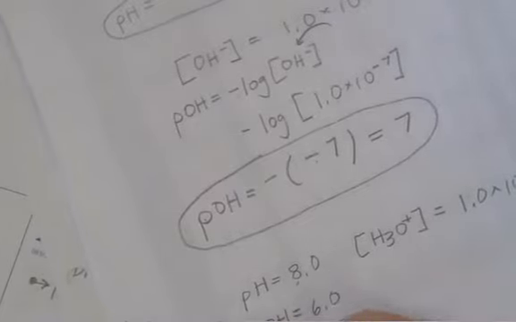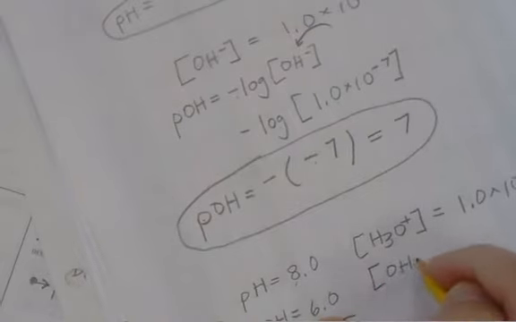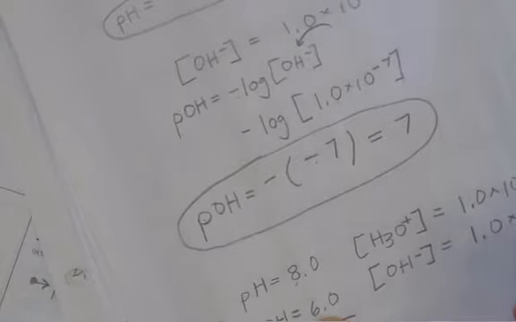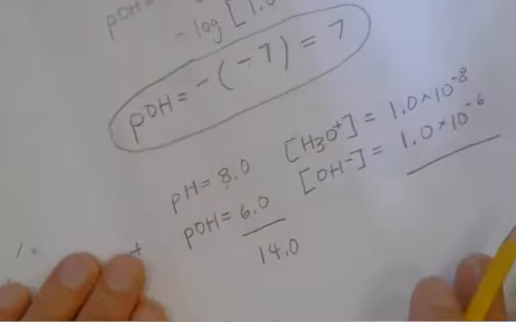Because 6 and 8 is equal to 14. So when I add those up, I get 14. Okay, so if this is 6, then the hydroxide ion concentration is going to be 1 times 10 to the minus 6. Don't believe me, just go backwards. Okay, and interestingly enough, the pH and the pOH will add up to 14.